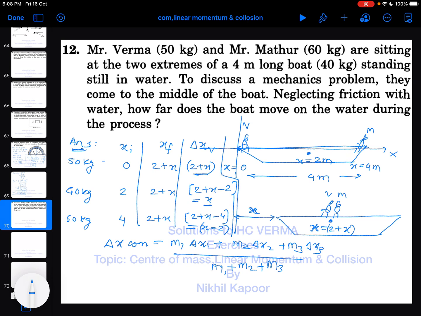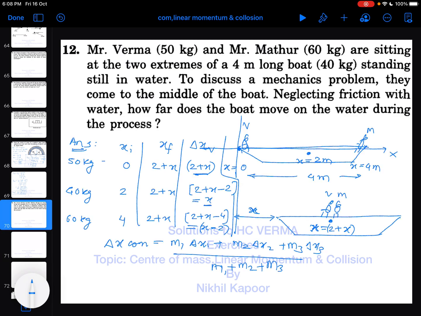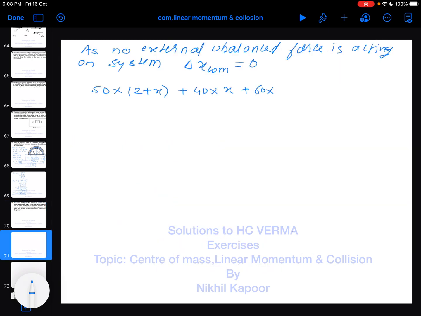Now plus 60 kg, that is the mass of Mr. Mathur, into the displacement of Mr. Mathur, which is x minus 2. This must be equal to 0 upon the total mass 50 plus 40 plus 60, but it's of no use because it will go there and multiply with 0 and become 0.